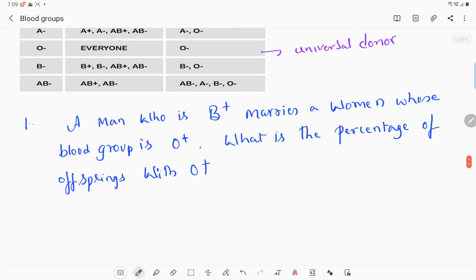A man who is B positive marries a woman whose blood group is O positive. Okay, a man whose blood group is B positive marries a woman whose blood group is O positive. So find out the percentage of offsprings with O positive.